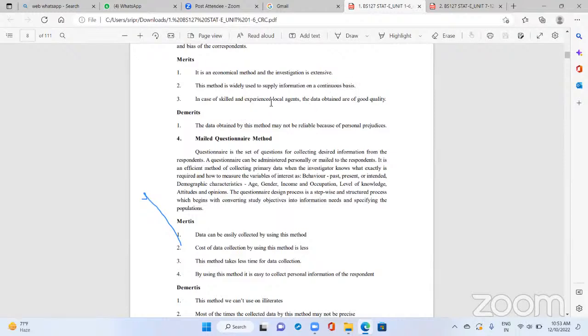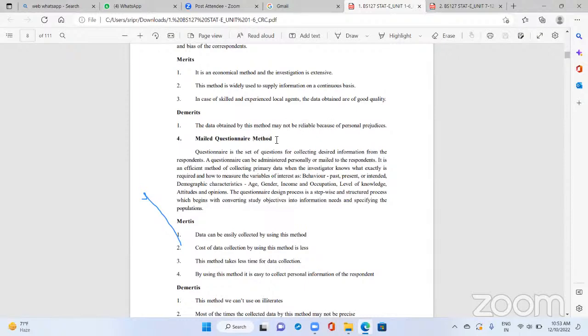In case of skilled and experienced local agents, the data obtained are of good quality. Now, the demerit is that the data obtained by this method may not be reliable because of personal prejudices.